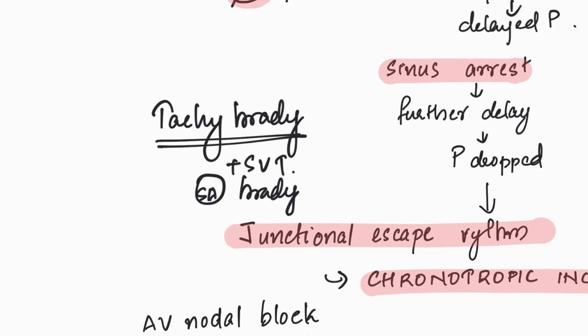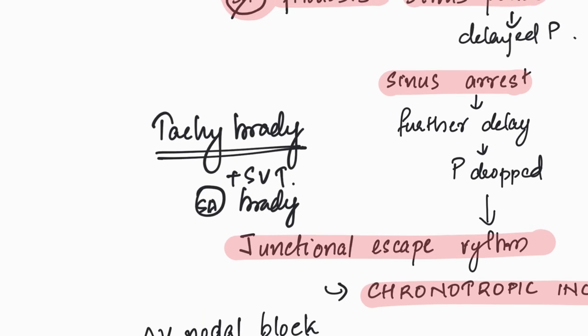Another interesting condition which we usually see along with sinus nodal dysfunction is tachy-brady syndrome. In tachy-brady syndrome, there is bradycardia because of the fibrosis in the SA node, which produces reduced frequency of P waves. In addition, some focus in the atria, because of the same fibrosis, becomes the center of arrhythmia.